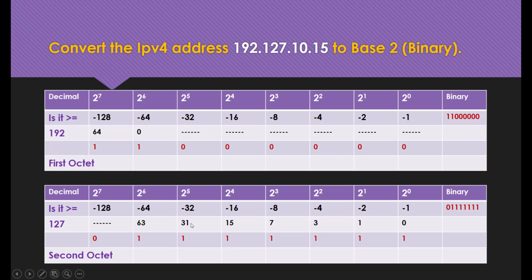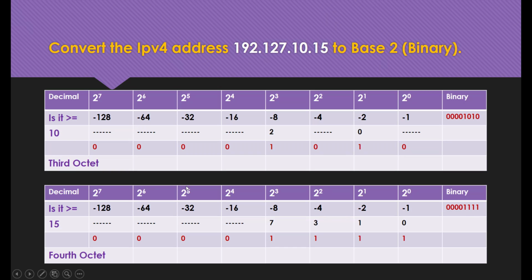And the same thing, 31 minus 16 will give us 15. And the same thing continues until we reach 1. Is 1 greater or equals to 1? Yes, 1 is equals to 1, and that's why we have 1 here as true, and 1 minus 1 will give us the remainder of 0. So if you concatenate all that, you get 01111111, which is what we have here.